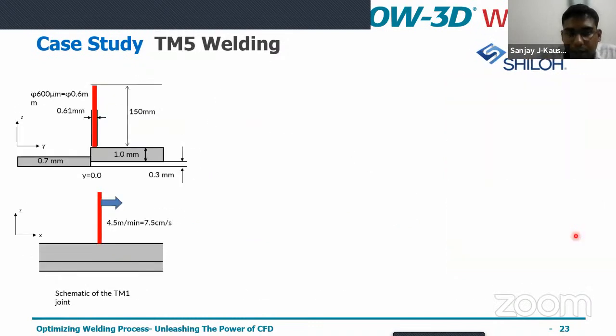And coming to the second study, the different process that they had taken was a plate thickness of 1 mm, but keeping the laser diameter, the laser power and the laser speed constant.